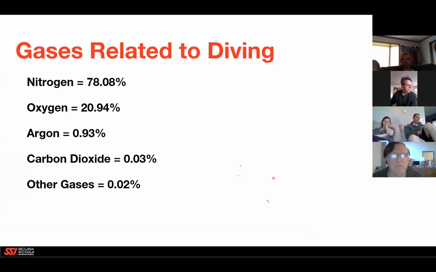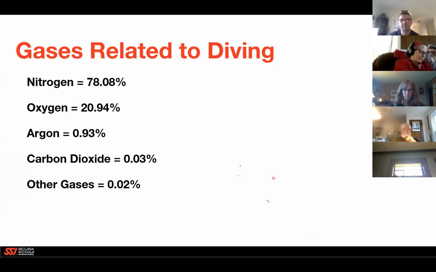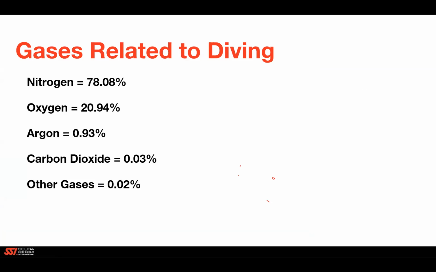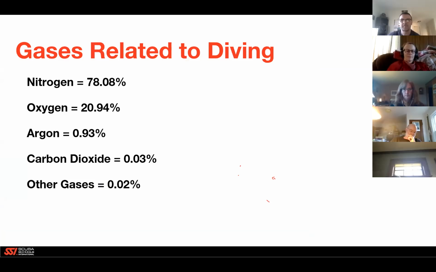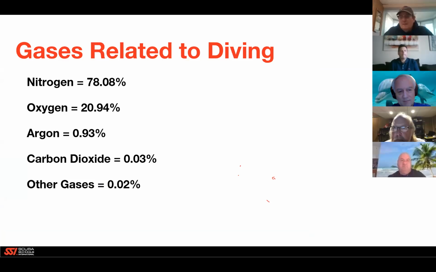And as you can see on the screen, this is a little bit of the breakdown of the gases that we breathe. And it's pretty much the same percentages no matter where you go in the world, where you have nitrogen rounding it off roughly 78%, oxygen rounding it off to roughly 21%.